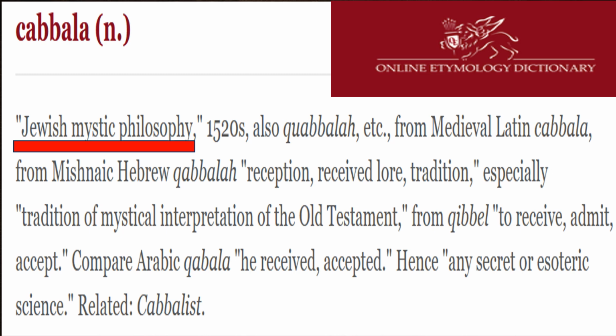So you see all of these similarities. So you see also this Q with the Arabic. This is similar to the Quran where you see the K and then sometimes you see the Q. And so there's also an understanding that this Kabbalah language is about any secret or esoteric science.